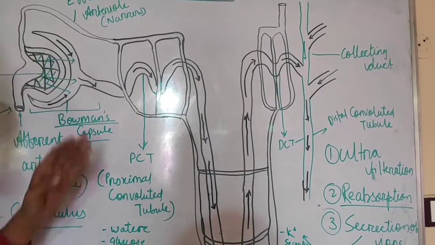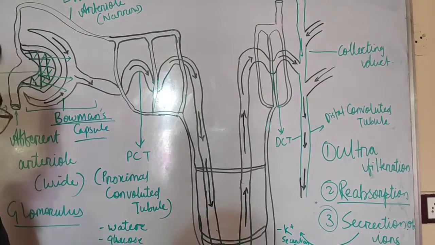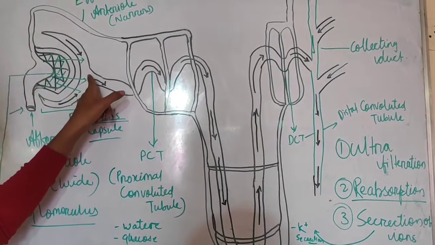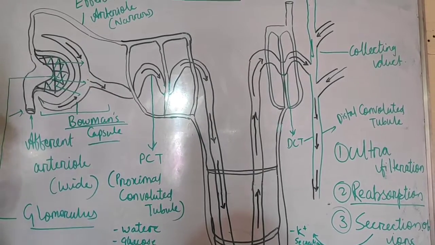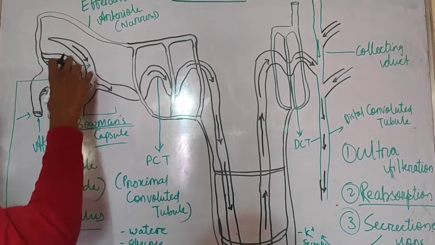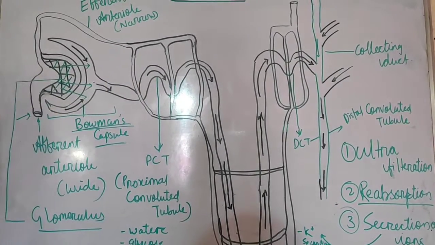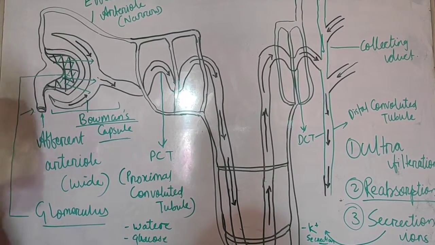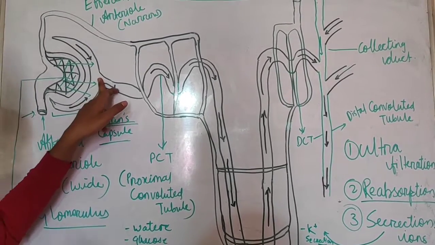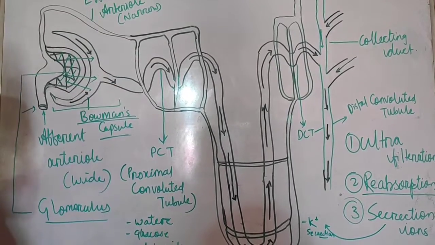Not only the waste, but some required nutrients also get absorbed into the Bowman's capsule. So the first portion does the absorption stuff. It absorbs the required nutrients as well as the waste product.